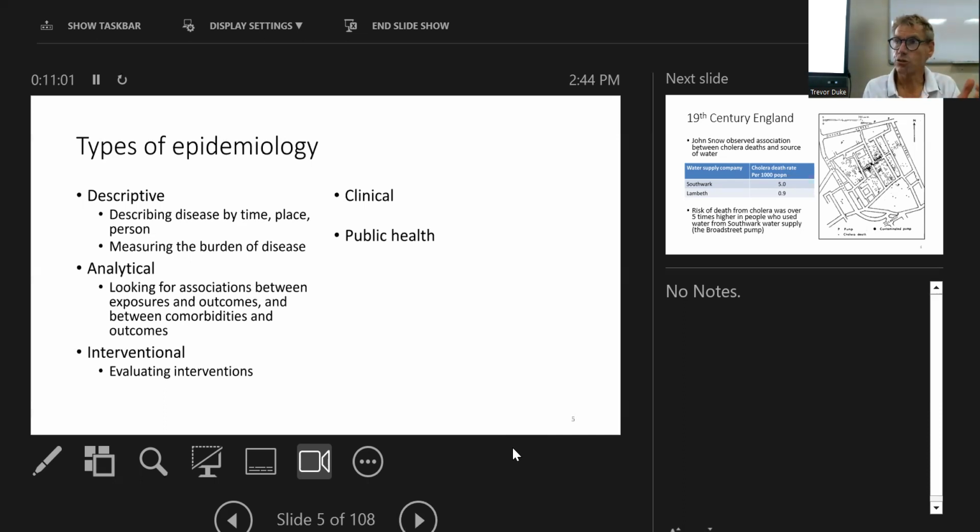Beyond just descriptive or observational becomes something analytical. And that's looking for associations between exposures and outcomes, looking for causes, looking for comorbidities that might influence outcomes. So the analytical ones, you're not intervening at all, but you're analyzing the basic data to get more than just a description of the population, right?